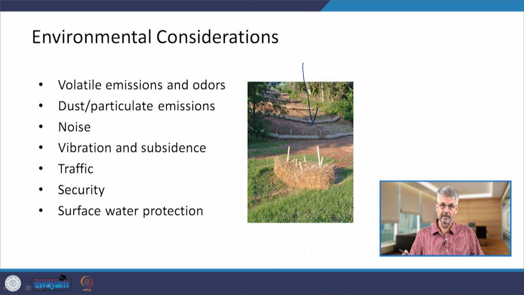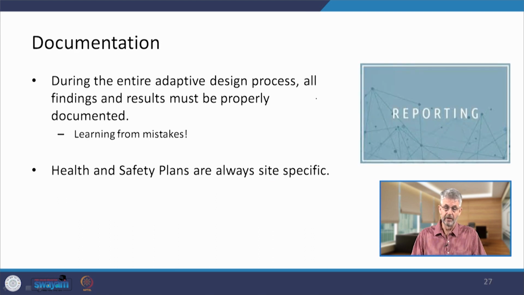Again, each site is unique. Each site needs to have a specific environmental health and safety plan, for the people as well as for the environment. And all that, as I mentioned earlier, has to be documented in great detail, because A, we want to ensure that our planning is transparent and understandable, and also we want to identify mistakes when they have been made.